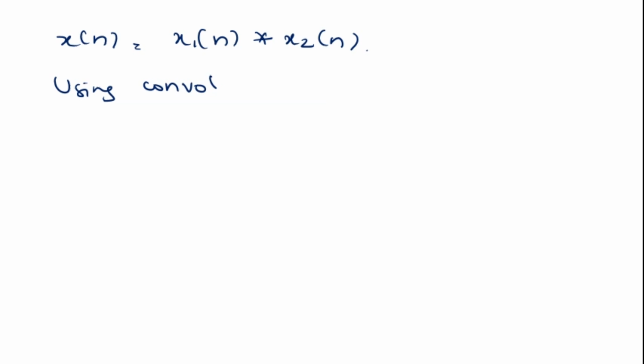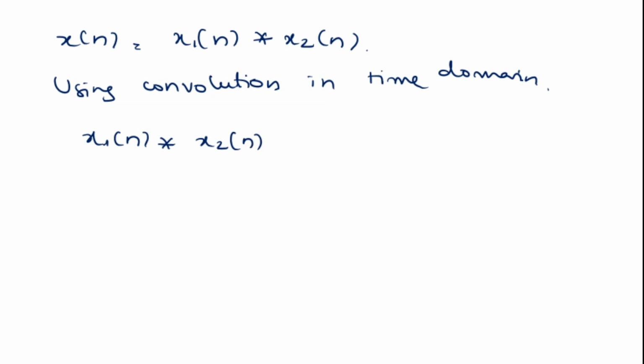Then x of n is equal to x1 of n convolution with x2 of n, and using convolution in time domain, if we take z transform of that, we get x1 of z into x2 of z.